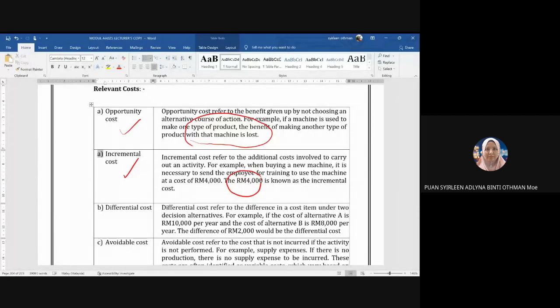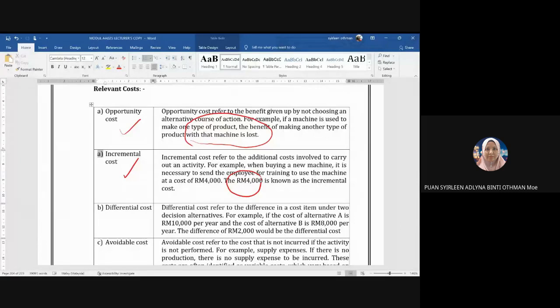Okay, for example, if the cost of alternative A ialah 10,000 per year and the cost of alternative B is 8,000 per year, the difference of these two alternatives will be considered as differential cost. Okay, so differential cost tu maknanya perbezaan cost lah.